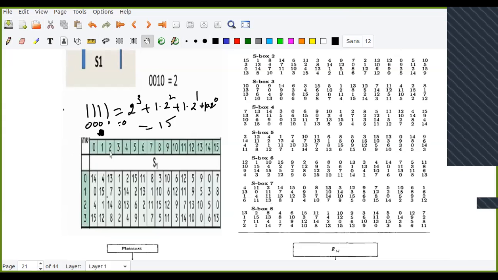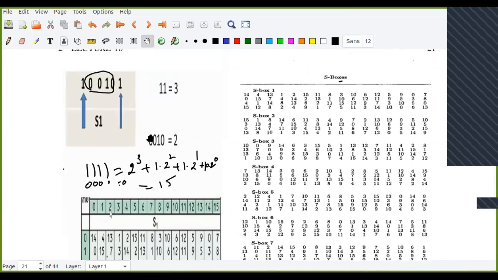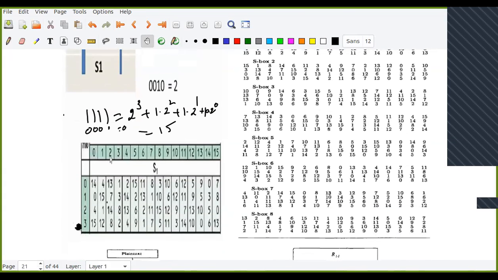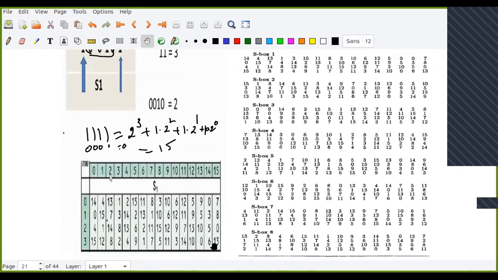Sorry for that. 1, 1 means 3, so I have to go to the last row, and which column? This column I have to take. What is the common element to both? 8.